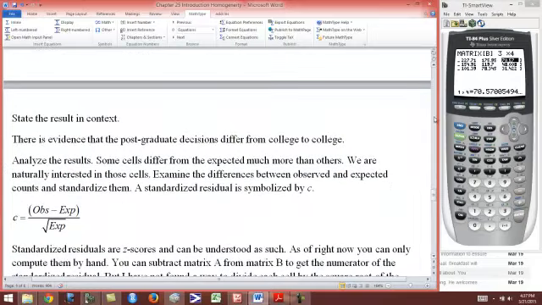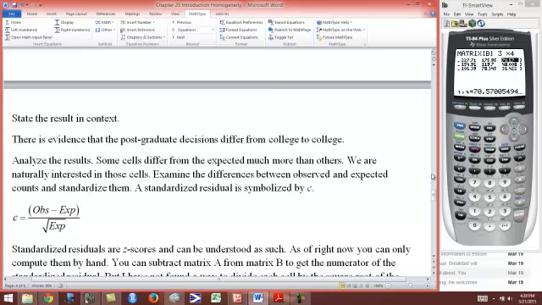And we call those differences residuals, just like we did with linear regression. We use the observed minus the expected, just like with linear regression, to calculate residuals. The standardized residual: we're going to standardize them by dividing by the square root of the expected. It's symbolized by a lowercase italic c.